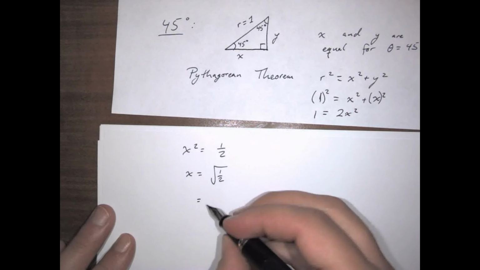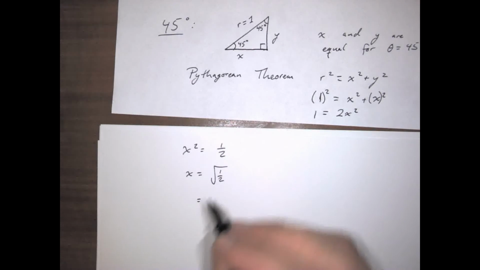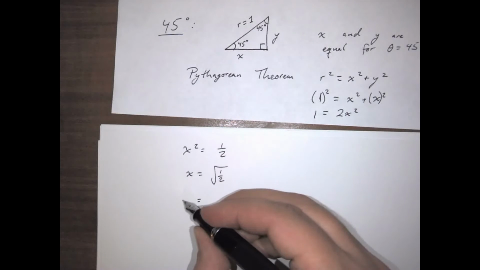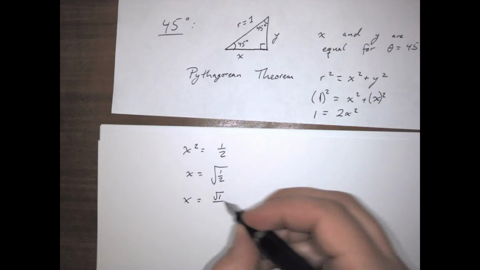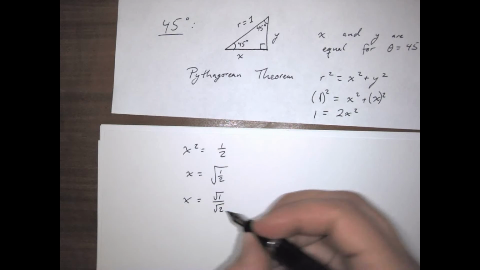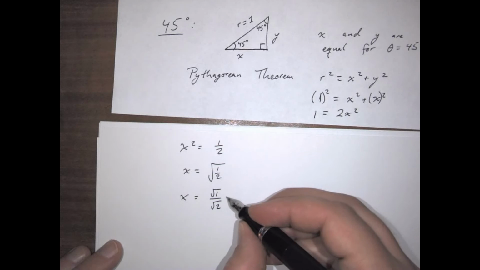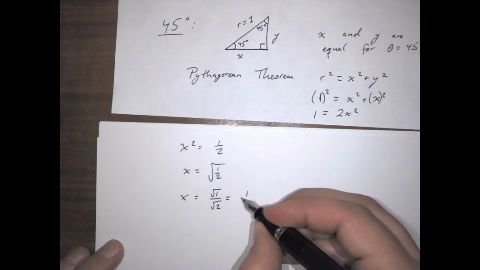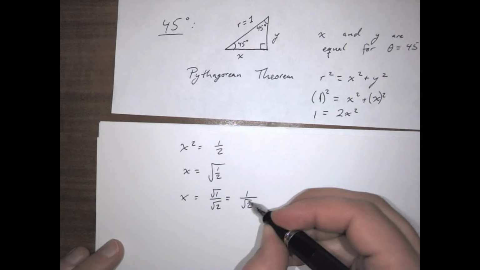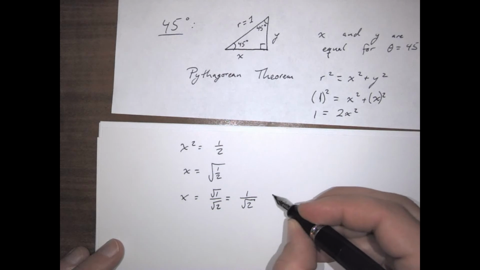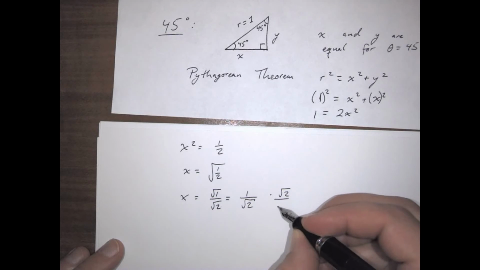which we would very frequently write. Writing it this way is not the worst thing in the world, but the usual way this would be written would be what you get when you simplify it, like so. You can break it up into the square root of the numerator and the denominator, and the square root of 1 is just 1, the square root of 2 is the square root of 2, and then this needs to be rationalized. So here we go.